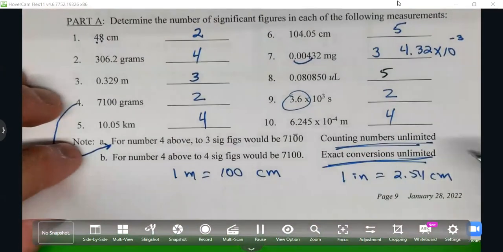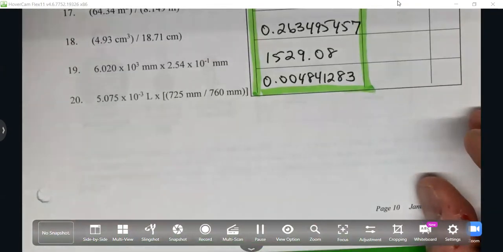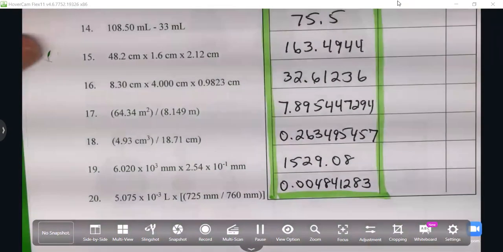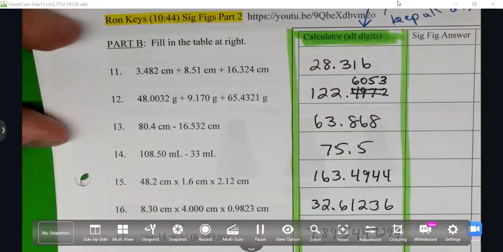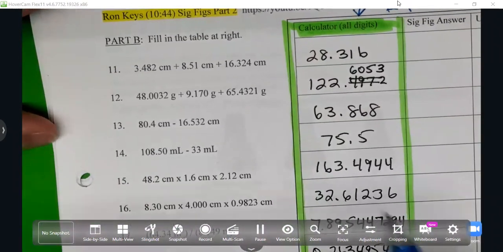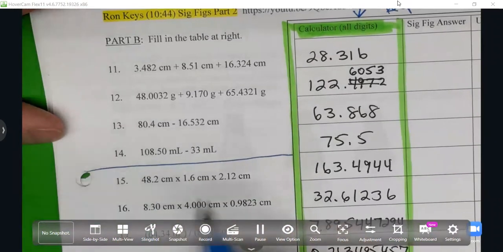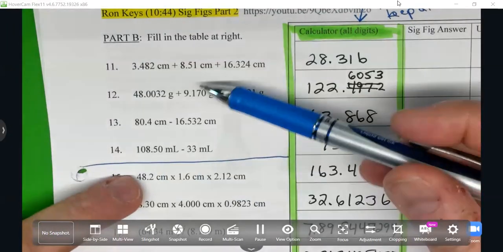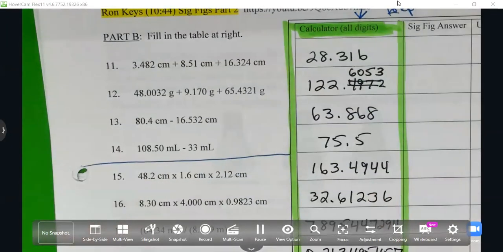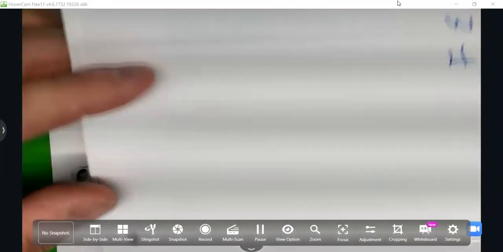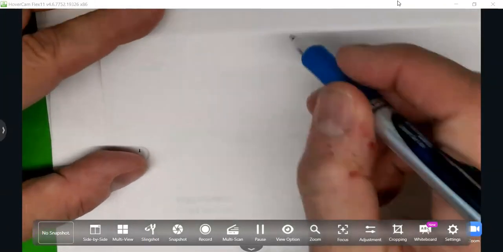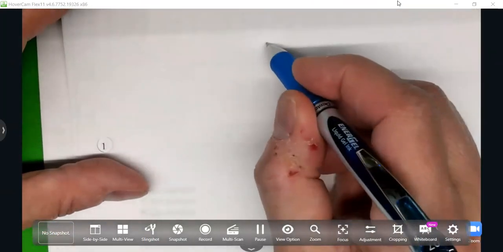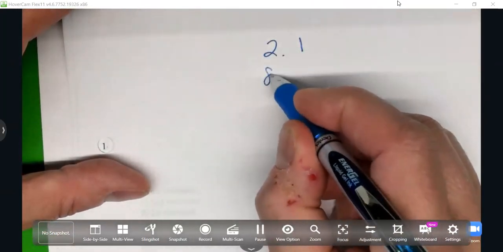All right, let's go to the next page. Now, what do you do with these numbers for mathematical operations? Numbers 11 through 14 are addition and subtraction. We looked at that before when we were adding up that triangle, and I lined them up.